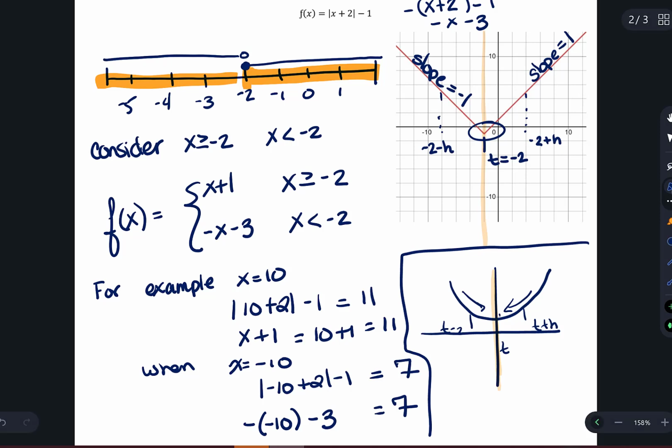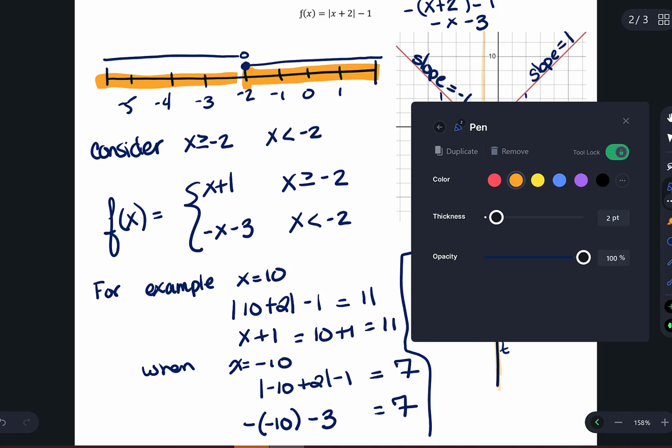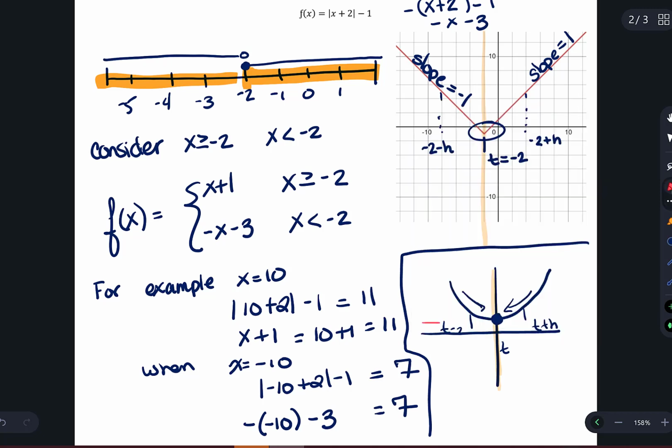So in that limit, we are actually able to find the slope of the tangent line. And as we've seen previously, recall that the tangent line in a case like this looks something like this. And so that's why that sharp point can be such an issue.